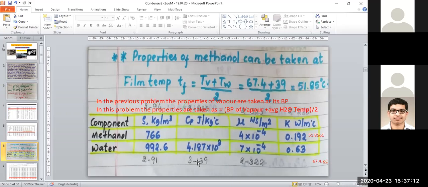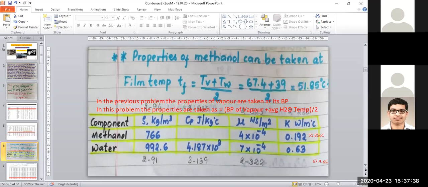Please remember it is 4.187 into 10 to the power of 3. If it is difficult to identify the specific heat of water, up to 80, 90 degrees it remains the same. So you can write 4.187 into 10 to the power of 3, or you can go to the CP calculation.